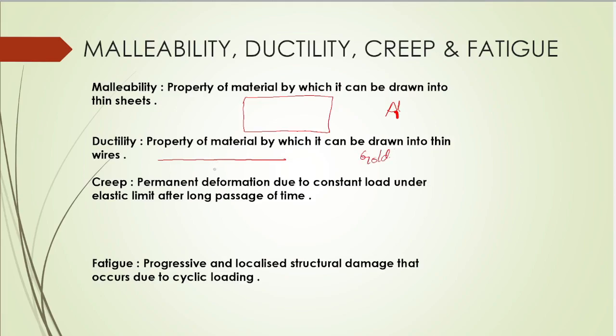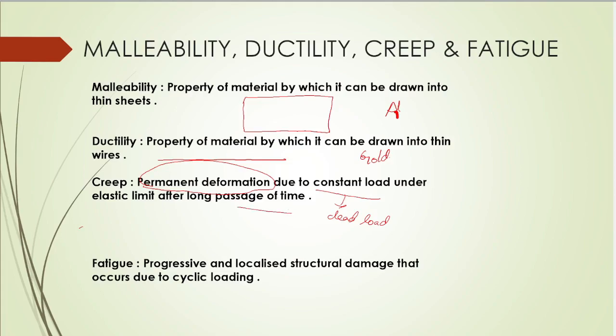Next, we will see what creep is. Creep is nothing but a permanent deformation due to constant load under the elastic limit after a long passage of time. That particular deformation will be a permanent deformation, and it will be due to constant load or dead load. This depends on time.